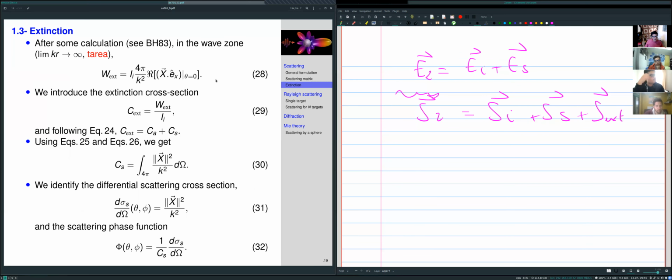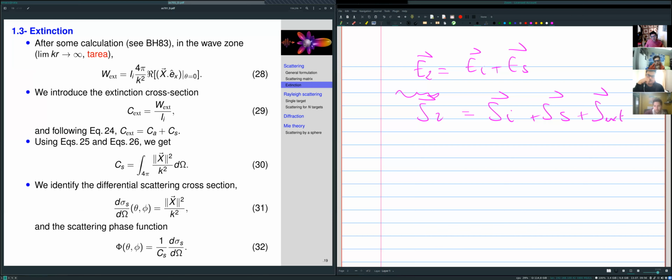This is the projection of the scattered field, embodied in this vector scattering amplitude, against the incident plane of polarization, and you evaluate this in the direction of forward scattering.